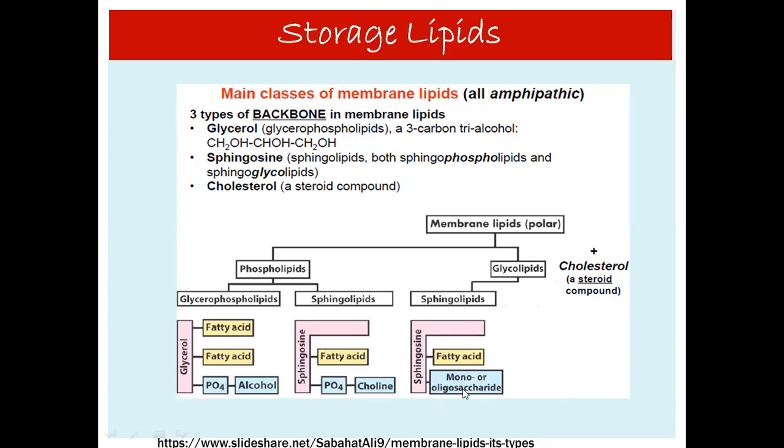Due to the presence of these carbohydrates, sugars, or saccharides, it is called a glycolipid. All sugars are known as saccharides, and sometimes it is represented by the prefix glyco. So all these are the same. Due to the presence of this sugar molecule, it is known as glycolipid.